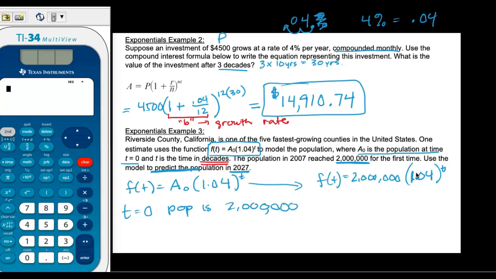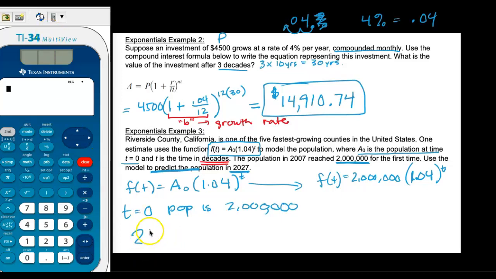So if we want to know what is the population in 2027, then we have to ask ourselves, how many decades have gone by comparing that to 2007? So actually, I'm going to write 2007 first.